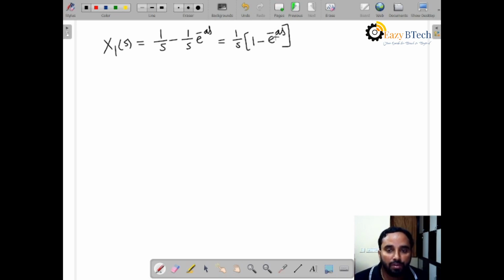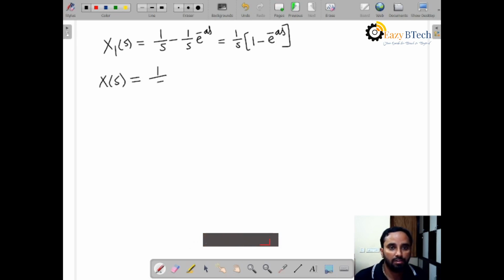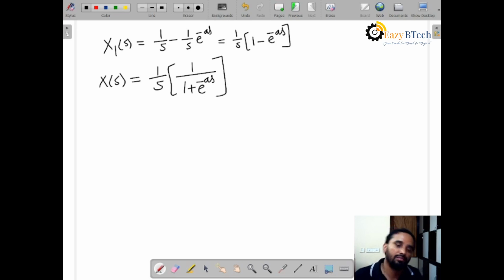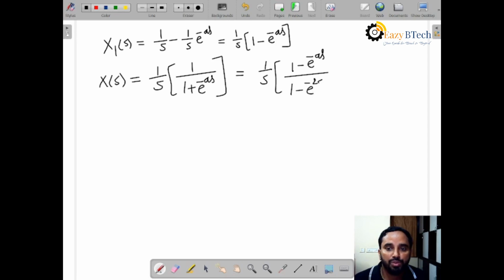And we have x of s, the result we have, 1 by s into 1 by 1 plus e power minus as. So how did we get this answer? e power minus 2as, right?